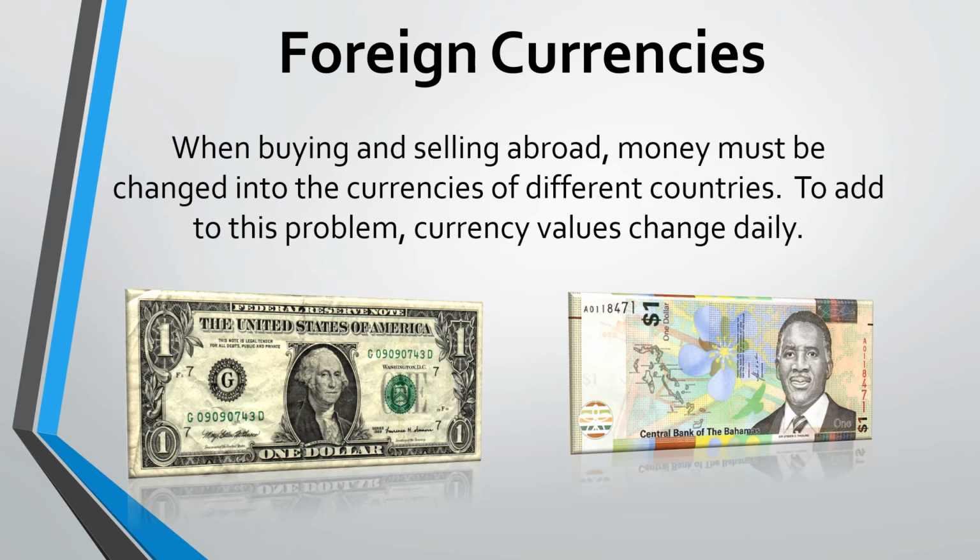So when buying and selling abroad, money must be changed into the currencies of different countries. And to add to this problem, currency values change basically daily. So, for example, on the 28th of April 2020, before I made this PowerPoint presentation, I researched the currency of three countries.